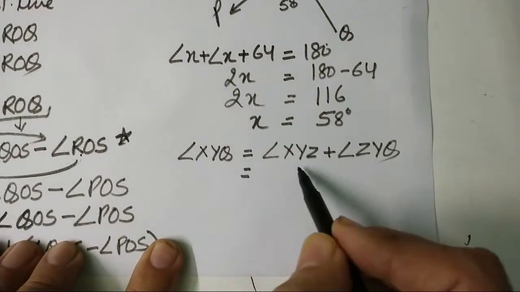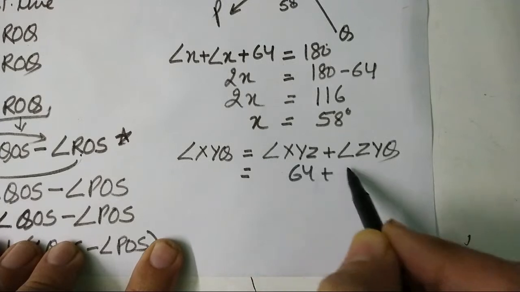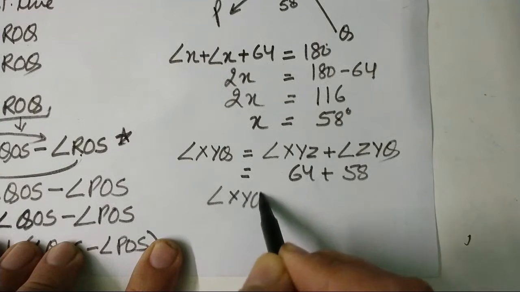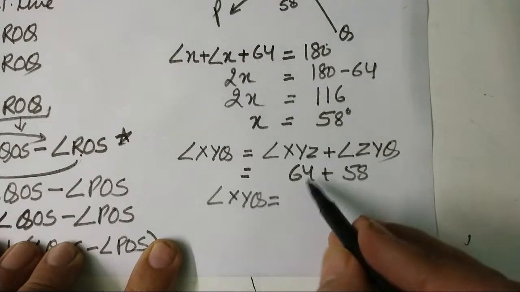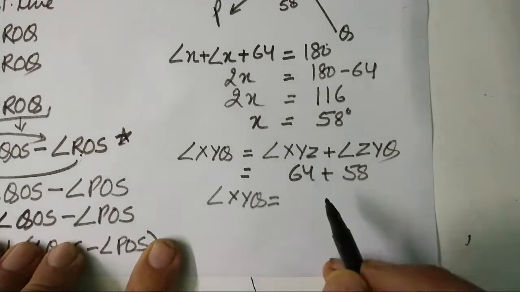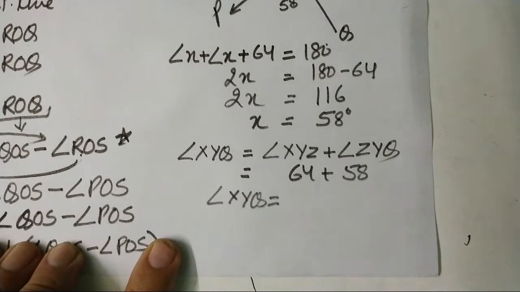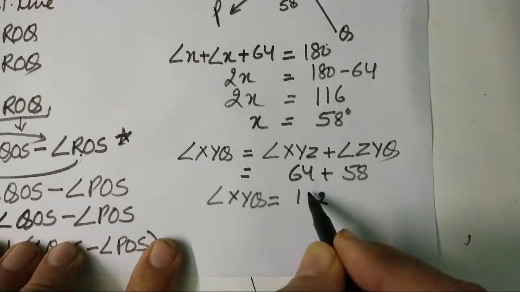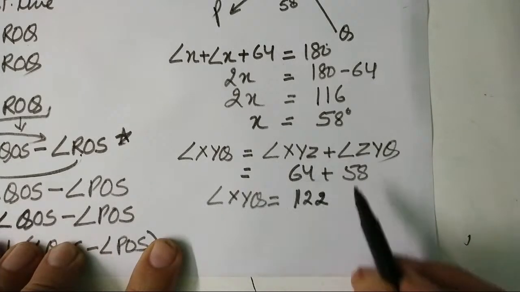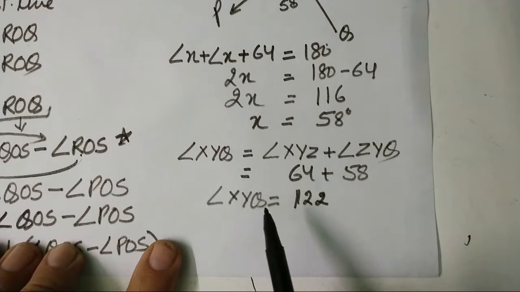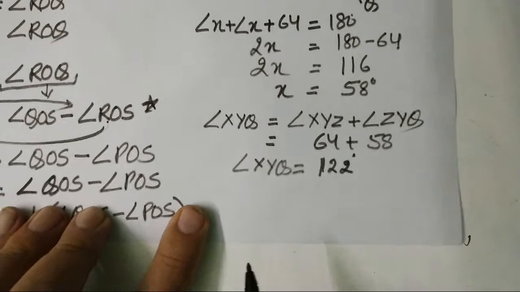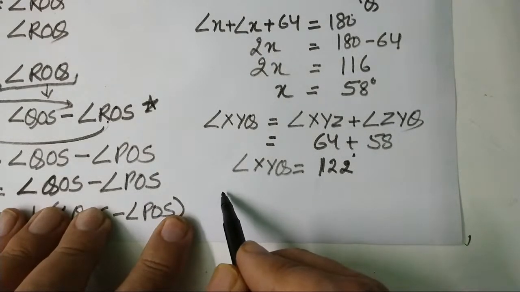When you add them, it will become 64 plus 58, and you will get angle XYQ equal to the total of this. So you will get the answer as 122 degrees. So we have found one answer. XYQ is 122 degrees.